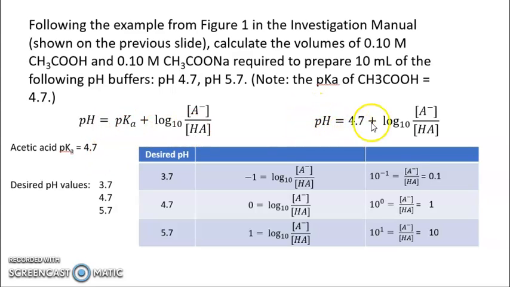We fill in the pKa because we're given that. We have 3 different pH values that we're going to fill in here. So I've done that. In the case of pH 3.7, we just worked that example on the previous slide. In the case of pH 4.7, we're going to add negative 4.7 to both sides.